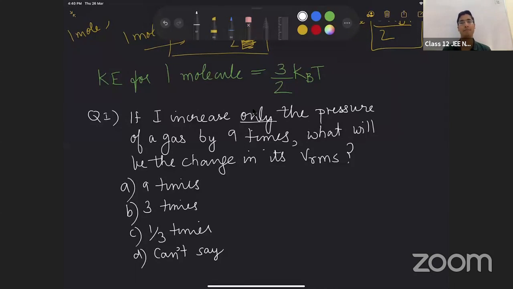This is a tricky question. If I increase only the pressure of a gas 9 times, what will be the change in its Vrms? That's okay. You can answer in chat if you're not getting the poll.